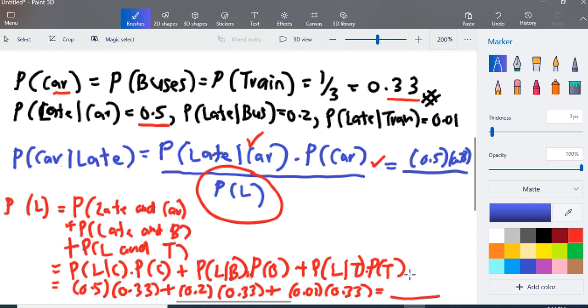Let me just calculate this. 0.5 times 0.33 plus 0.2 times 0.33 plus 0.01 times 0.33, which is equal to 0.2343. So you substitute it here.